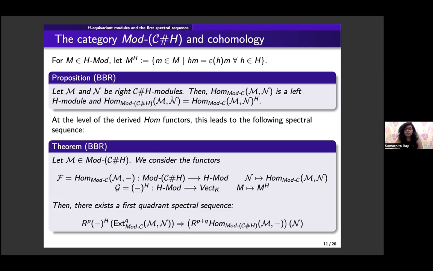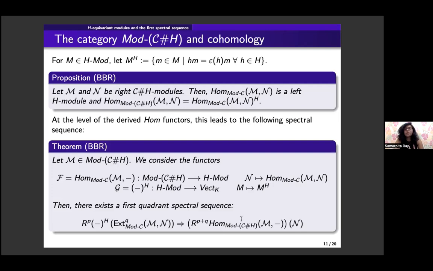The first thing that we prove is that the Hom sets are going to have an H-module structure, and that the morphisms in this category of H-equivariant modules are nothing but the H-invariants of the morphisms in the base category C. On the level of derived Hom functors, this leads to the following spectral sequence.